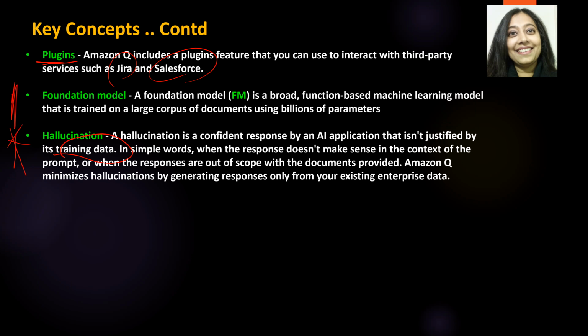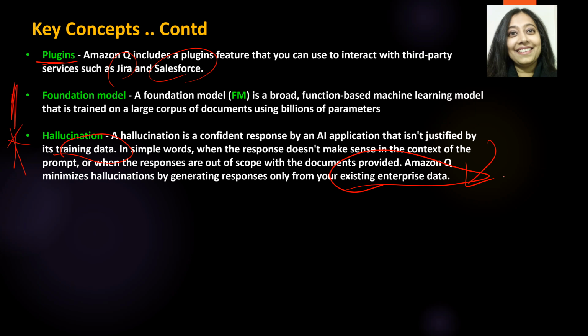It's trained pretty well. But Amazon Q essentially minimizes hallucinations by ensuring that whatever response it generates, of course using the RAG behind the scenes, is using your enterprise data. The training data that was used to develop the model behind the scenes does not interfere in the response that is given now.